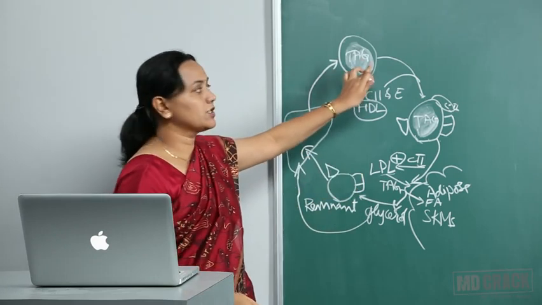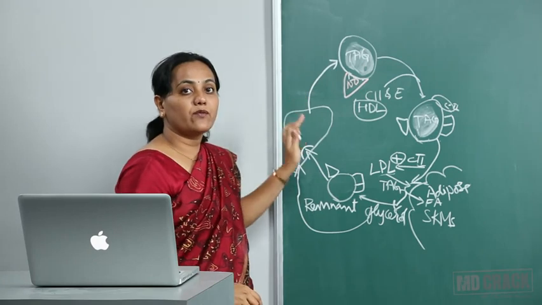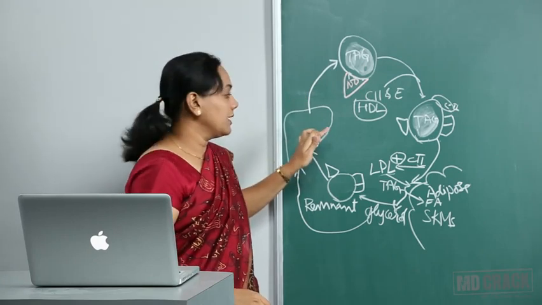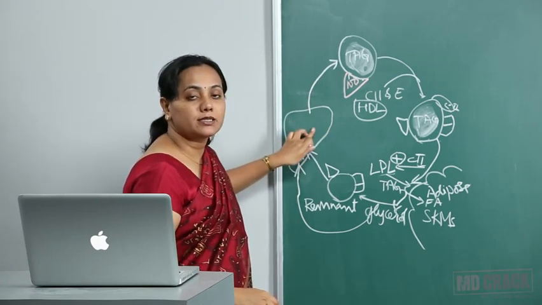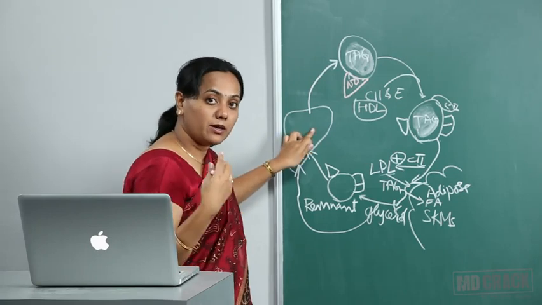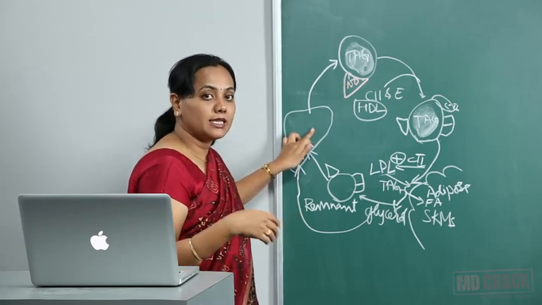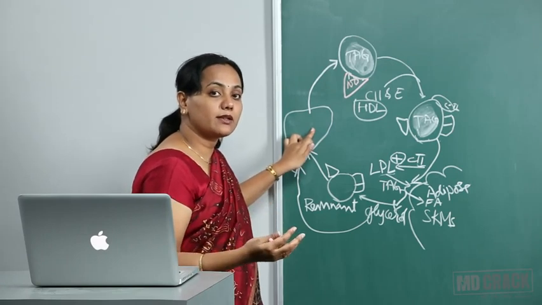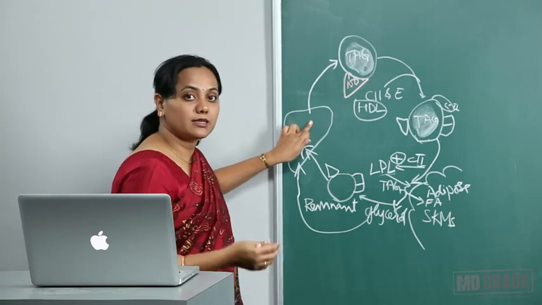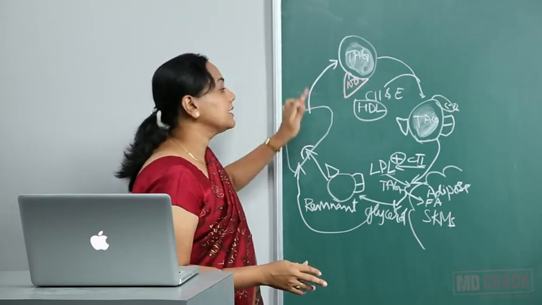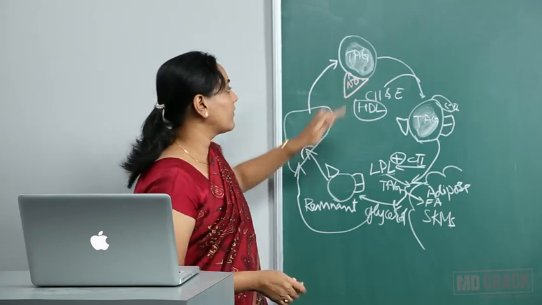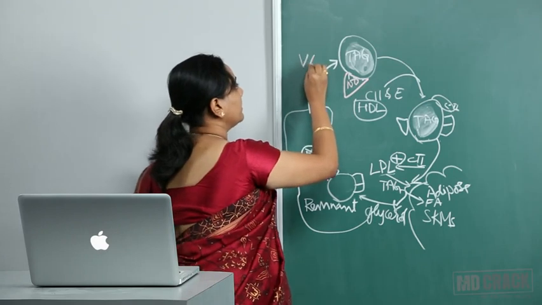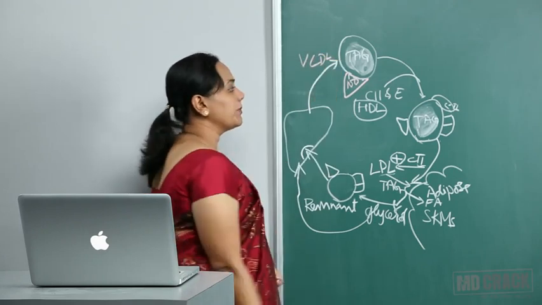This is also rich in triacylglycerol. But from where did this triacylglycerol come? This has come from endogenous sources. Whenever there were excess calories, there was synthesis of fatty acids and lipogenesis taking place in the liver. This endogenous triacylglycerol, synthesized in the liver, is transported out of the liver with the formation of VLDL, very low density lipoprotein.